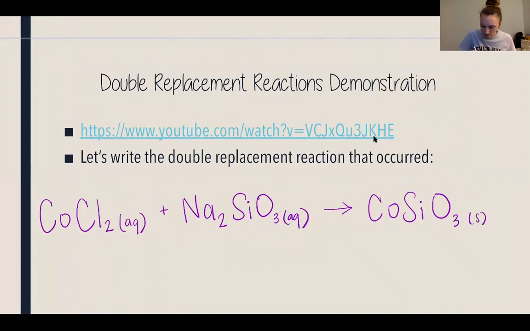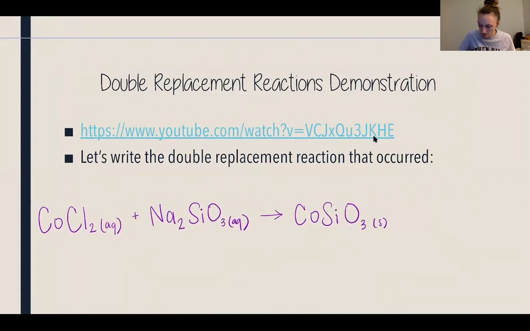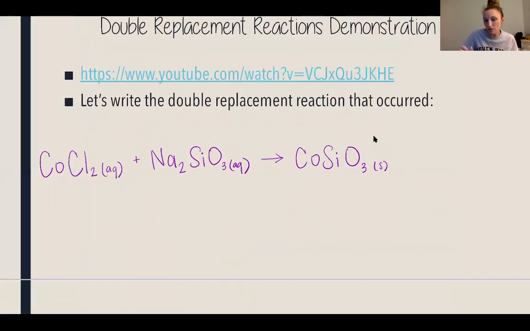Shrink this all down a little so it all fits here. And then your other product there was the leftovers. So I took the cobalt and the silicate here and I put them together. So the other product is going to be the sodium paired up with the chlorine.